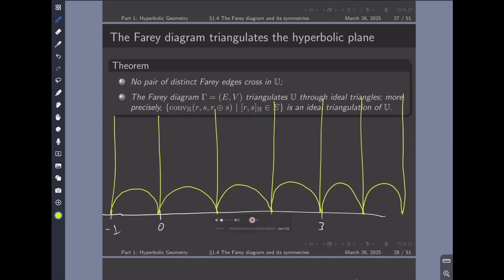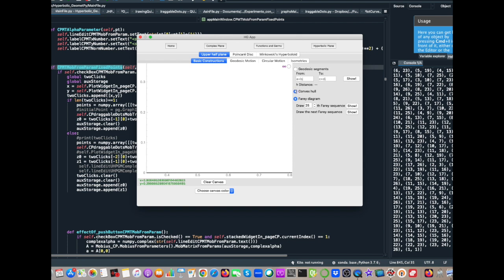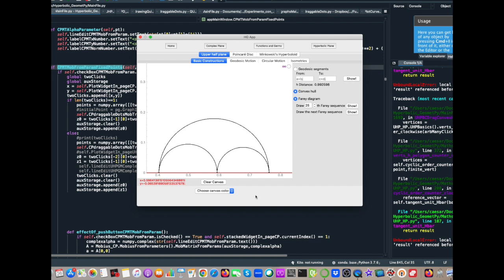Let me see if the program is still there. Convex hull, geodesic segments. Okay, that's a hyperbolic triangle, but it's not ideal. And something like this is still not ideal. But this one is an ideal triangle.